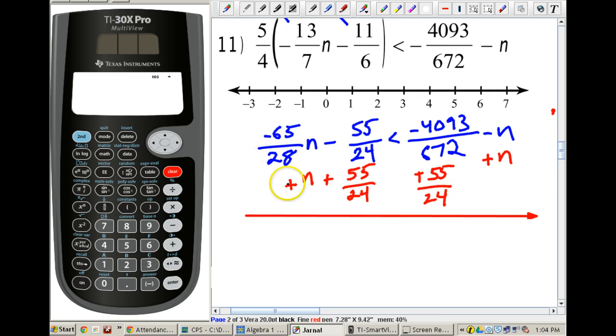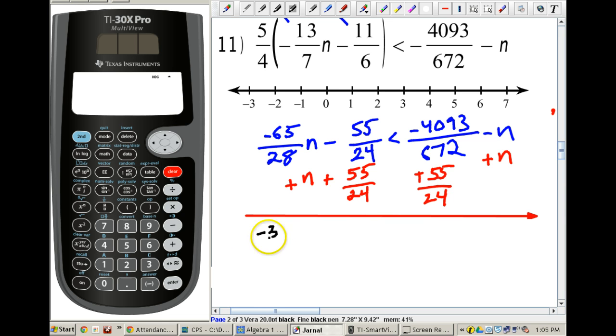All right, so let's see here. An n here will be 28 over 28. 1 will be 28 over 28. So negative 65 plus 28 is negative, what, 37?